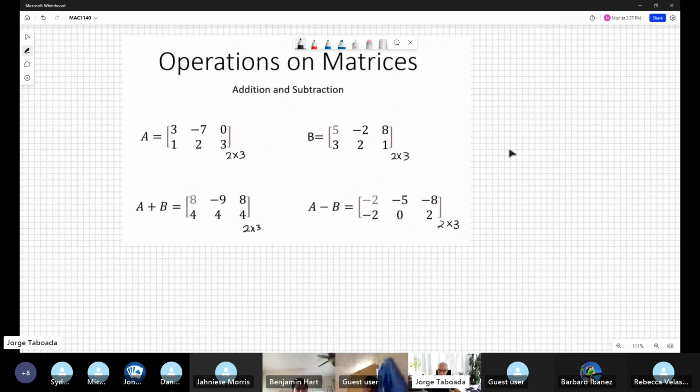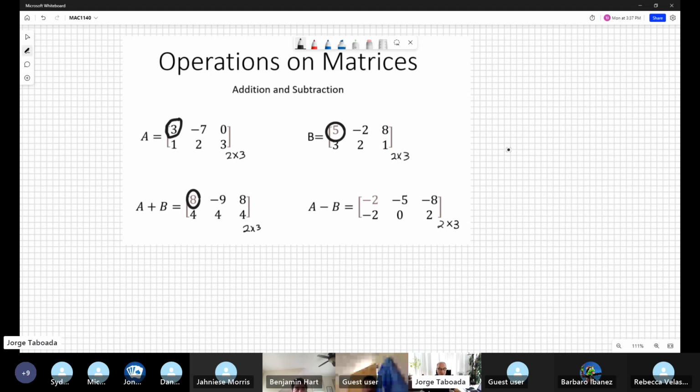You add in the corresponding position of each entry. 3 plus 5 is 8. And so on. Minus 7, minus 2, negative 9. 0 plus 8, positive 8. And so on.